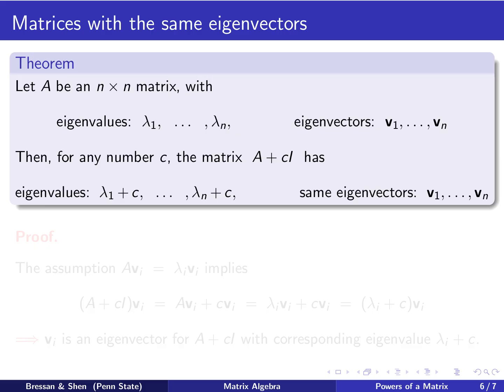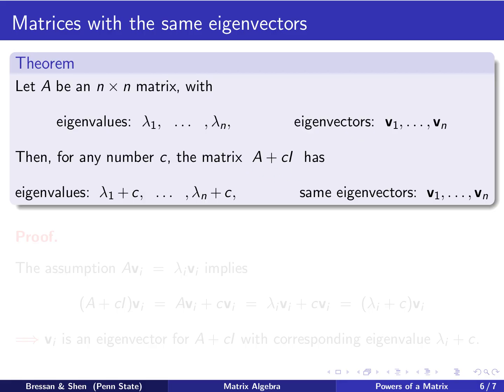We now take a look at matrices with the same eigenvectors. Here is a theorem. Let A be an n by n matrix with eigenvalues lambda 1 to lambda n and eigenvectors v1 to vn. Then for any scalar number c, we can form the matrix A plus c times identity.